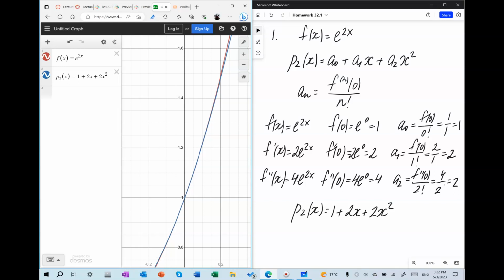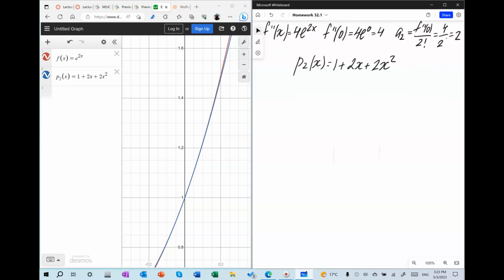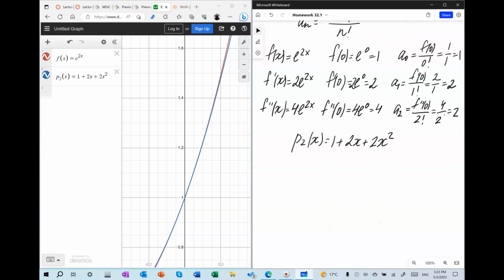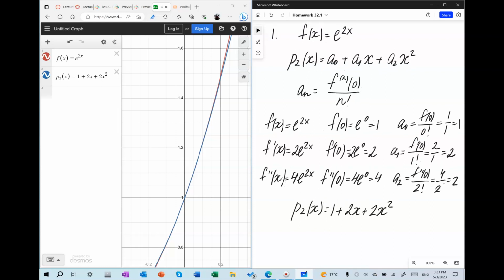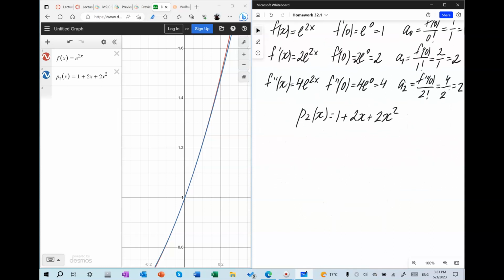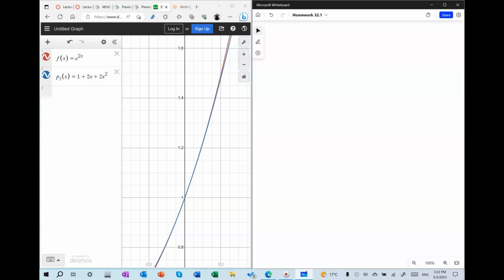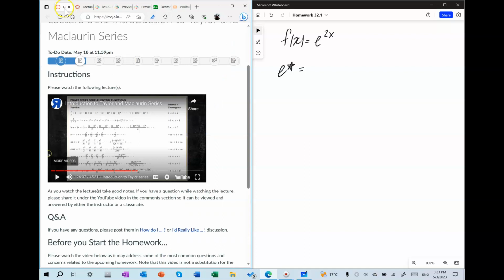Now, alternatively, we can find this polynomial by starting with f of x equals e to the 2x. And we're going to recall that e to any power is the same as its series.